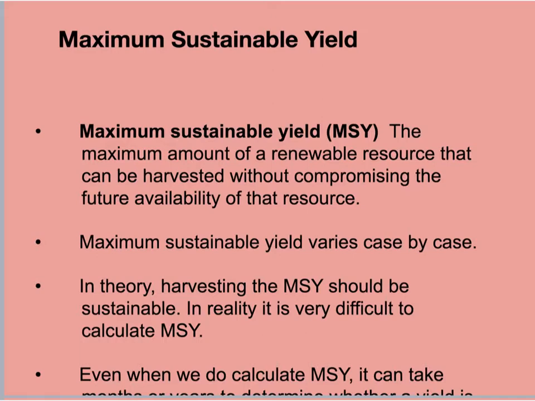In other words, it's the maximum harvest that the population can adequately replace. MSY varies case by case, of course, and depends on the species. A reasonable starting point is to assume that a population growing in a forest at about 1/2 of its carrying capacity is going to produce an S-shaped curve.